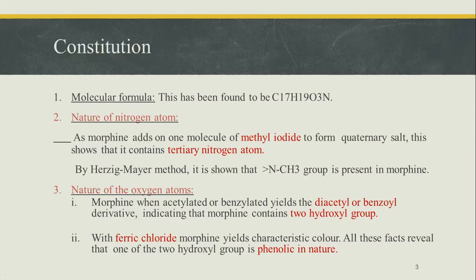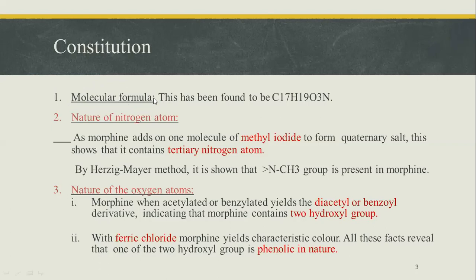As we have discussed in the general methods of structural elucidation, first of all, we must find out the molecular formula. I have already mentioned in the previous class that the molecular formula can be obtained by combustion analysis. By burning the compound, we will get the percentage of carbon, hydrogen, oxygen and nitrogen.